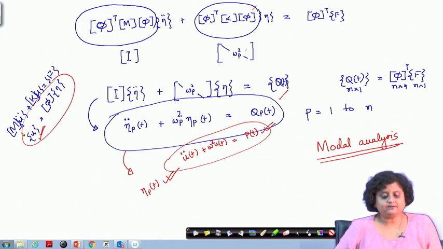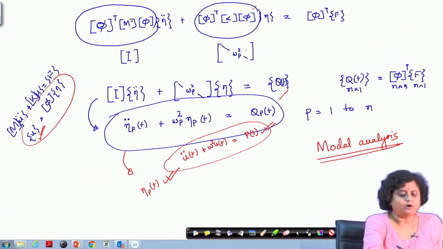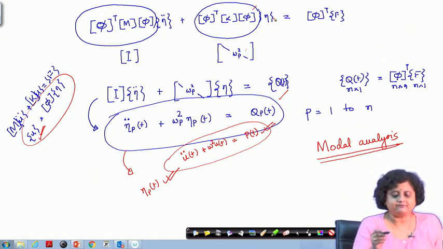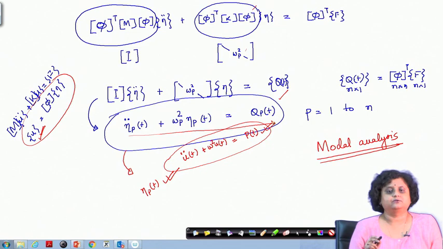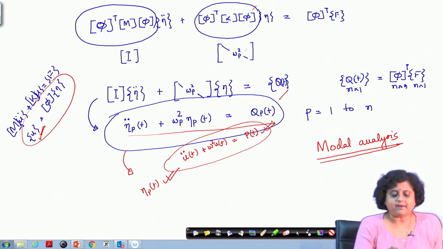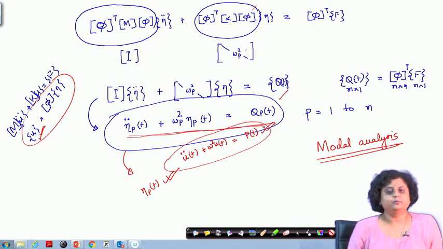And the good part is that irrespective of what m, k and f are, the final expression after modal analysis is going to be of this form. It does not matter what m and k are. Only Q p t is going to change for different values of force.